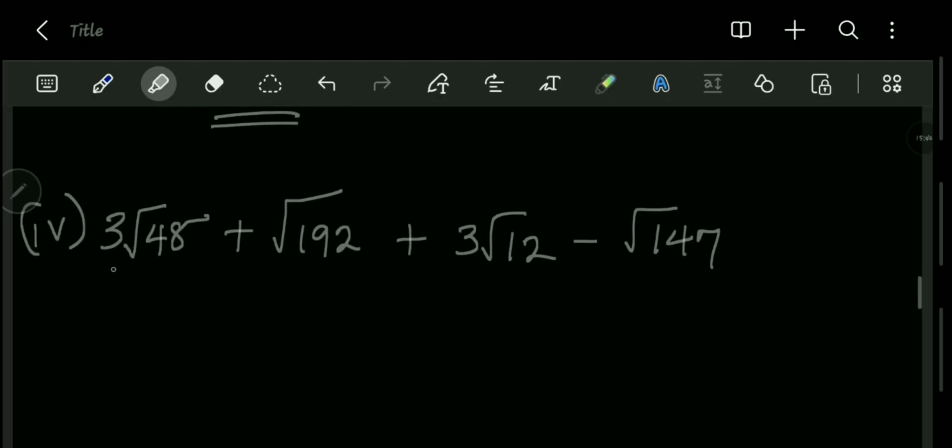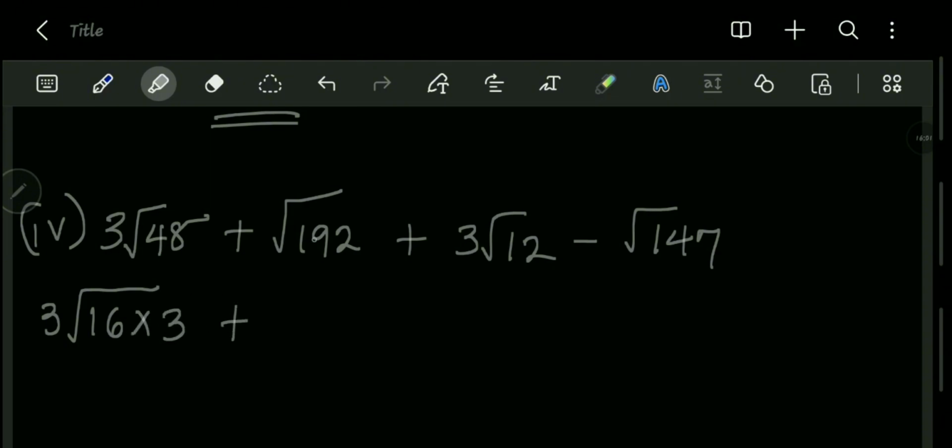For this one here, ignore the 3 outside, then simplify. What number multiplies to give you 48? That's 16 times 3. Behave as if you didn't see the 3 outside, leave it out. Then you have 16 times 3. Are you seeing that? I expressed 48 as this.